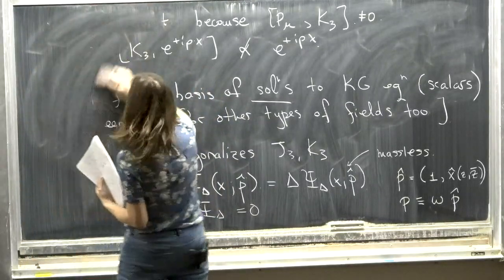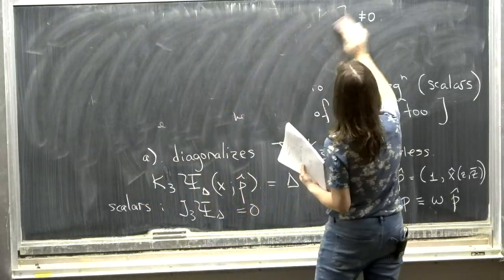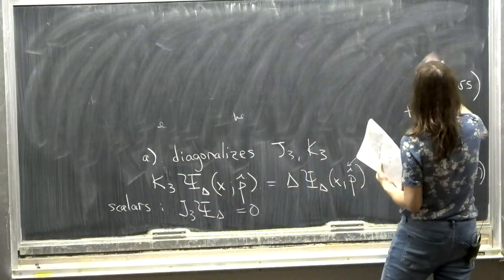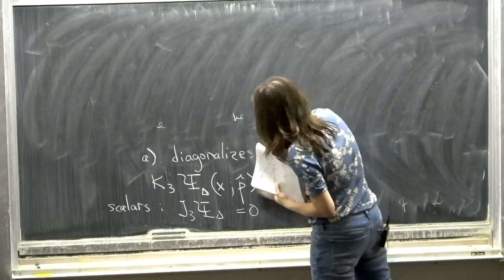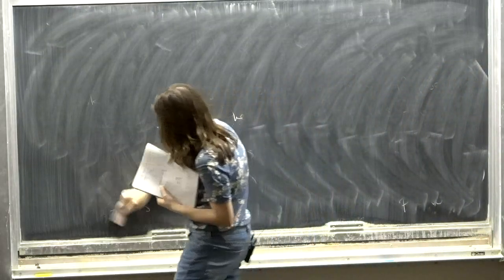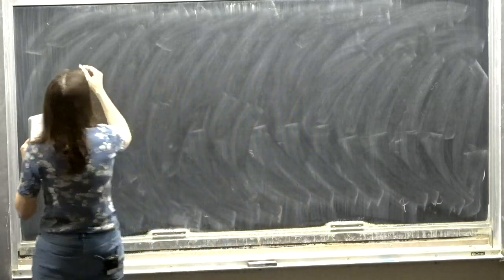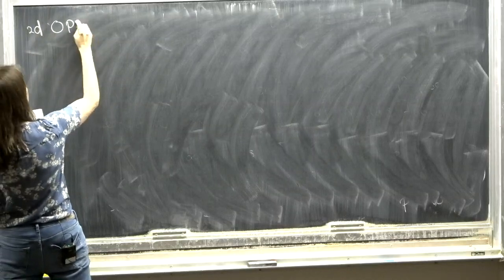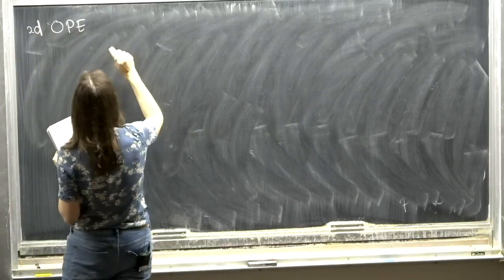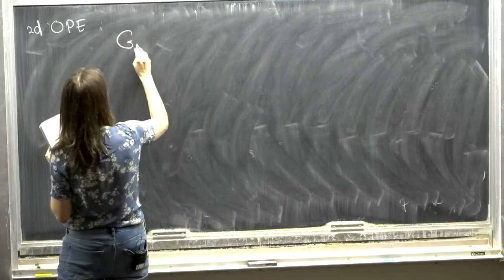I only need one more minute to just sketch this. So there is a 2D OPE of conformal primary gravitons for generic dimensions delta 1 and delta 2.